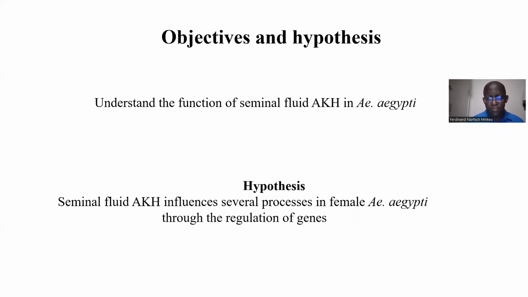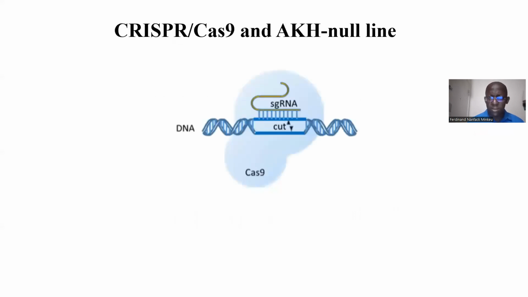To test that hypothesis, first we decided to establish two lines of mosquito, a mutant line and a wild type line, to better characterize the seminal fluid AKH. For that reason, we used CRISPR-Cas9 to induce a mutation. You know very well CRISPR-Cas9, with its two main components, the Cas9 and the guide RNA.